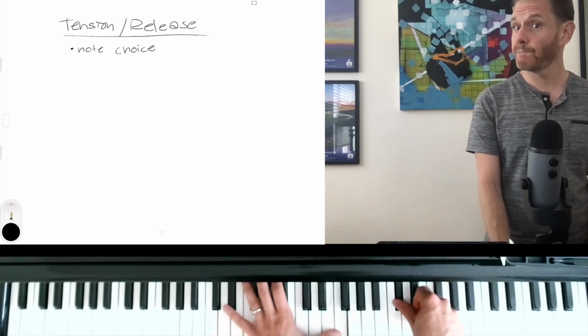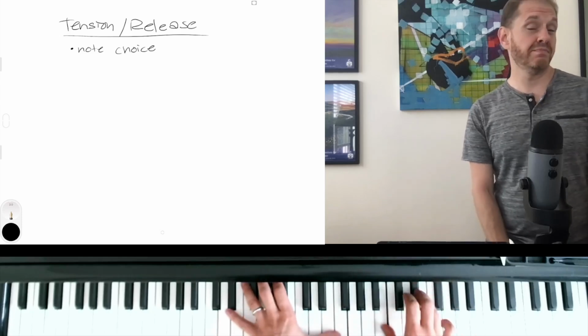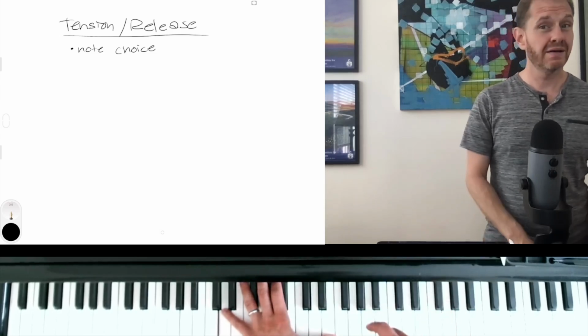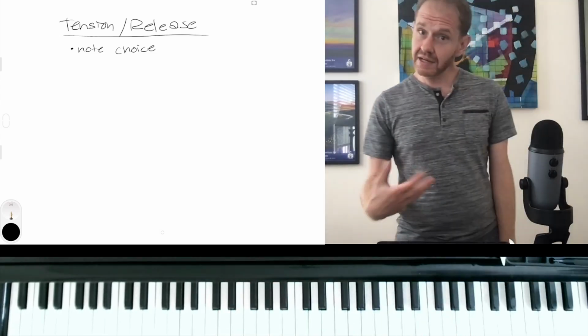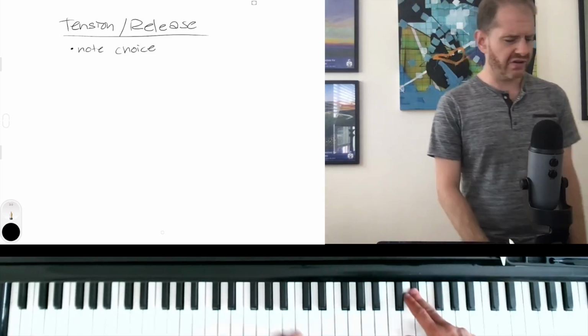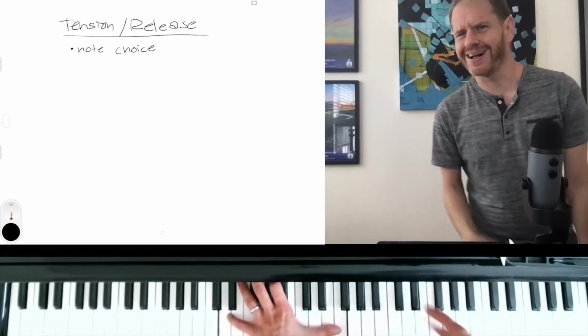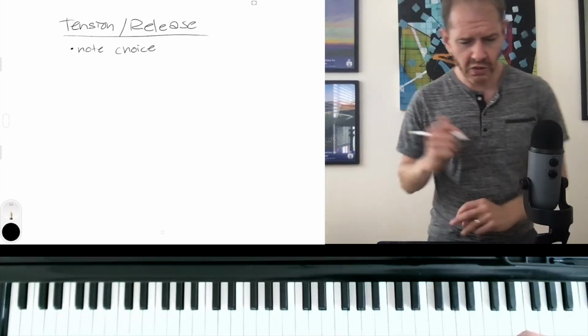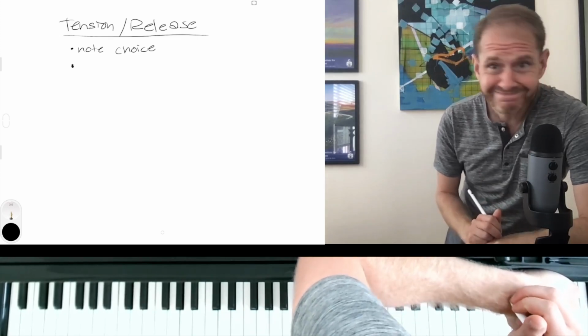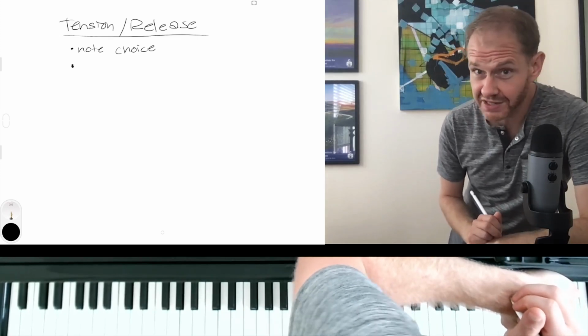I think I could. I think I could set up that C sharp to be a point of release. Other notes outside of the chord, I probably couldn't. I couldn't probably make that E flat effectively a point of release. Okay, so there's note choice. Really not that important of a factor, interestingly.